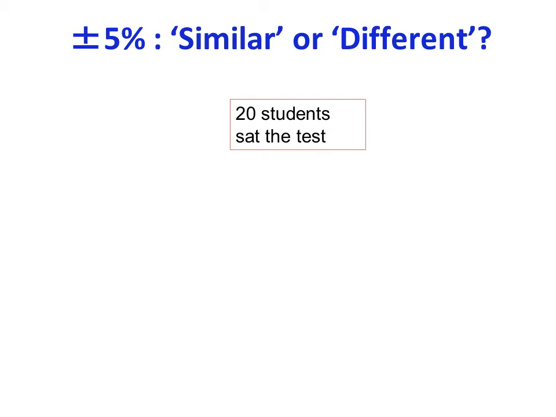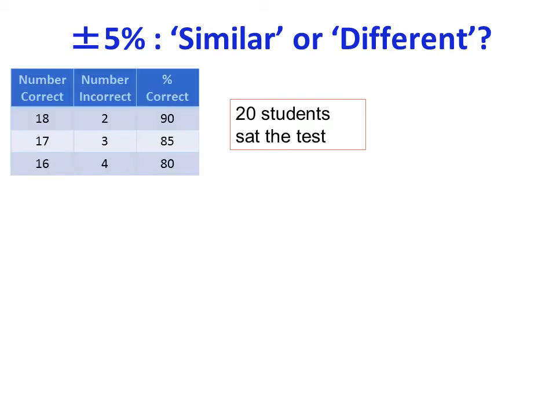If you had 20 students sitting a test, and we're thinking about whether plus or minus 5% would be considered similar or different to the state, we can think, okay, if I had just 2 students who were incorrect, that would be 90% correct. 3 students incorrect for 85%, 4 students for 80%.